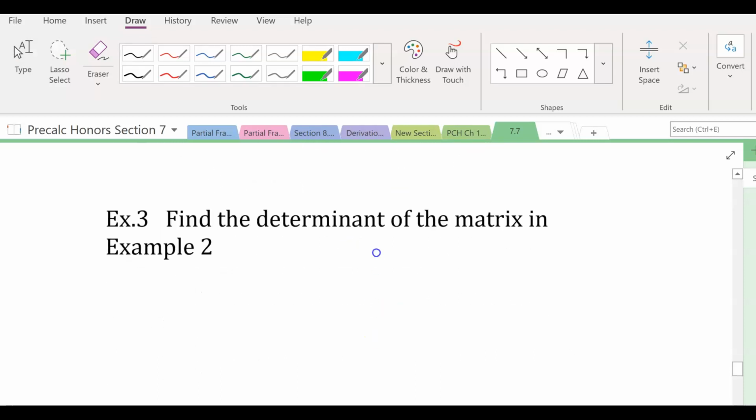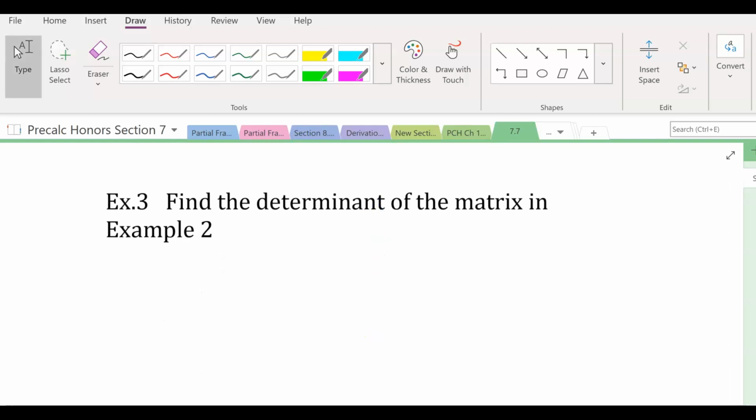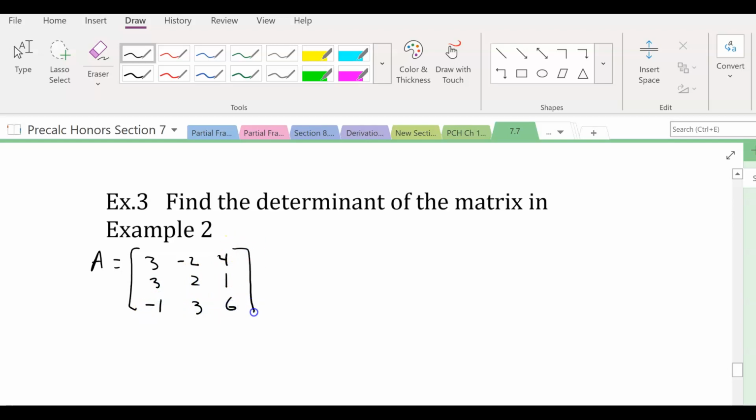So for example 3, we want to find the determinant of the matrix in example 2. So the matrix in example 2, A, was 3, negative 2, 4, 3, 2, 1, negative 1, 3, and 6. And then let's also write the cofactors.